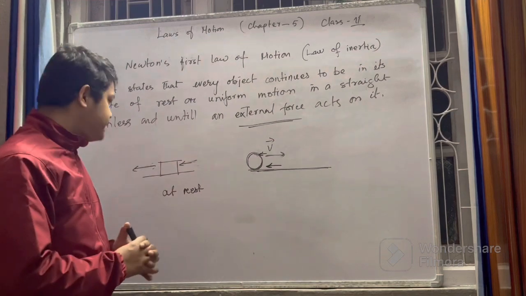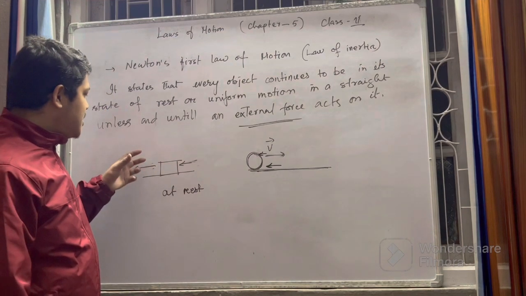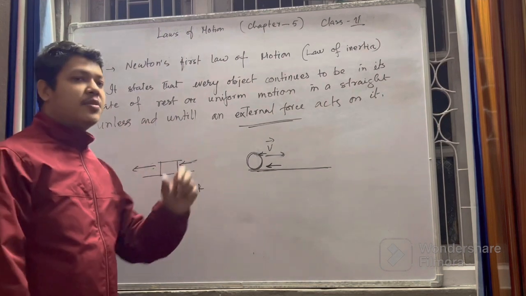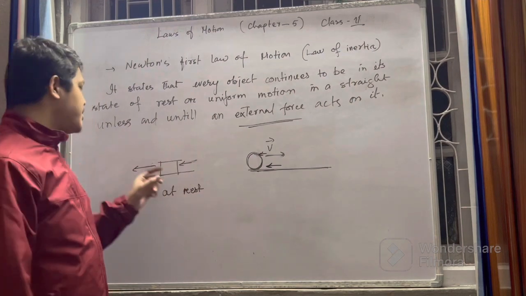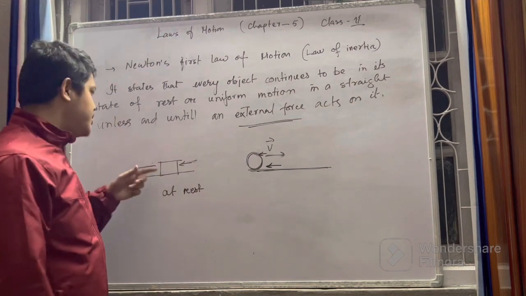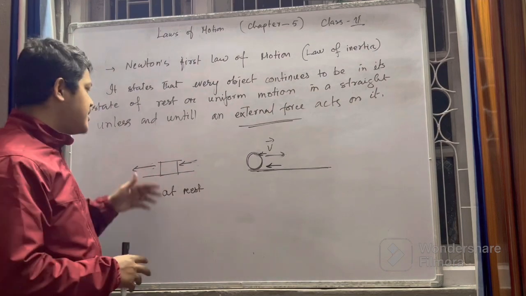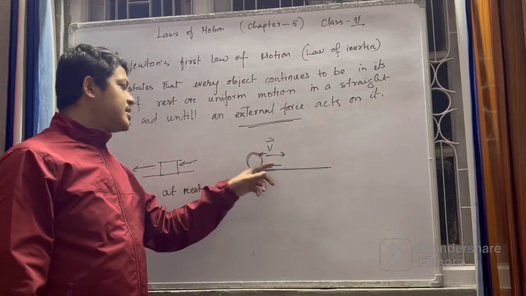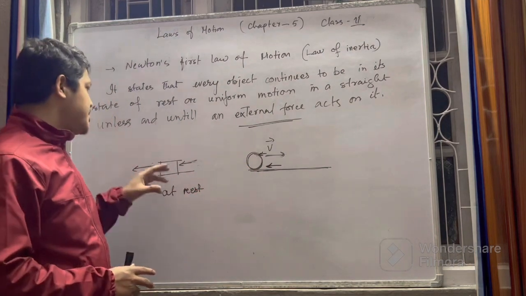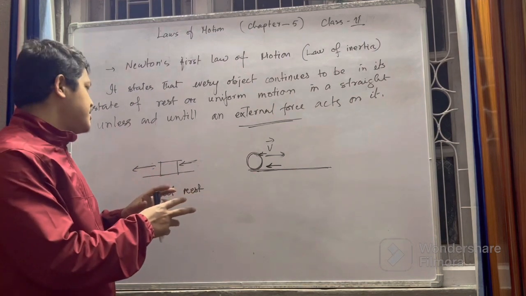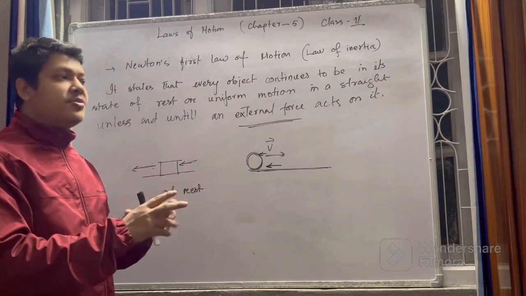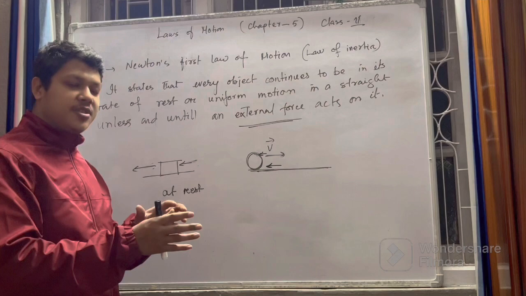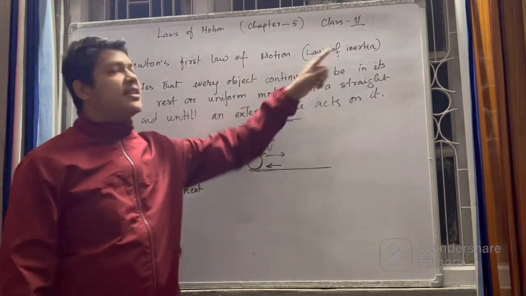Inertia means, when you force an object to change its state of rest or motion, suppose it is at rest and you apply force to set it in motion, or you apply a force against the motion of an object to stop it, those objects have a natural tendency to resist the change in their state of rest or motion. That tendency is nothing but inertia.